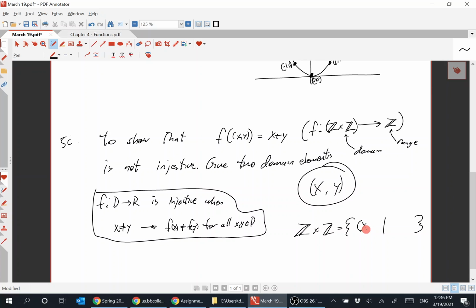Next character, comma, y, such that x and y are elements of Z. How many things is this? It's one thing, because it's an ordered pair. It is one element of the domain.